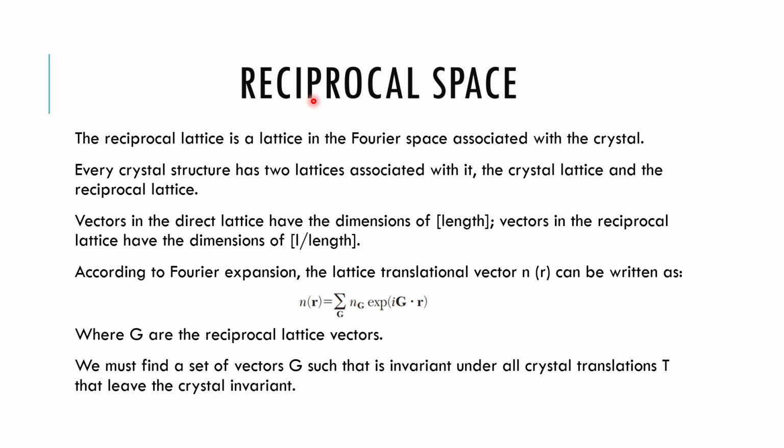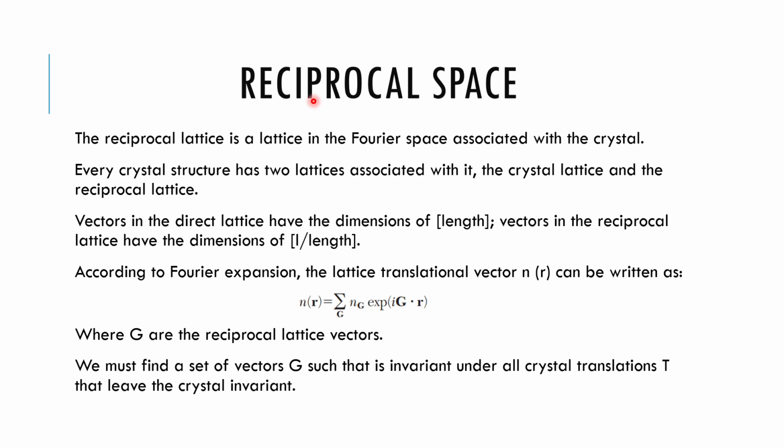According to the Fourier expansion, the lattice translational function n of r can be written as n of r equal to the sum over G of n of G e to the power i G dot r, where G is the reciprocal lattice vector. And we must find such a set of vectors that are invariant under all crystal translations that leave the crystal invariant.